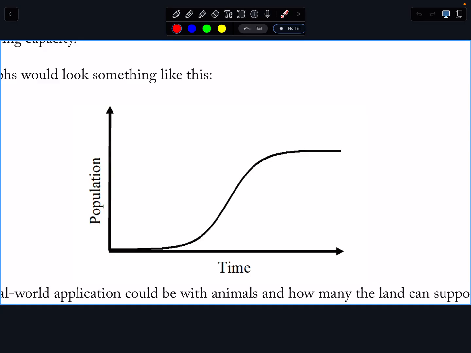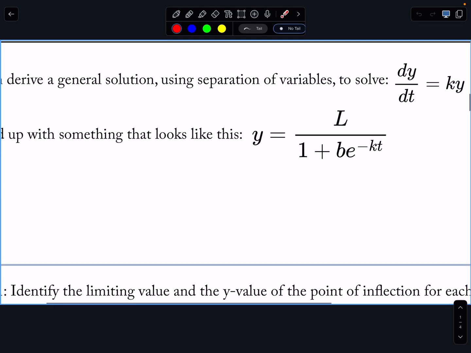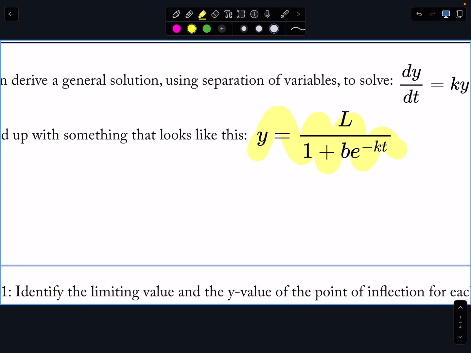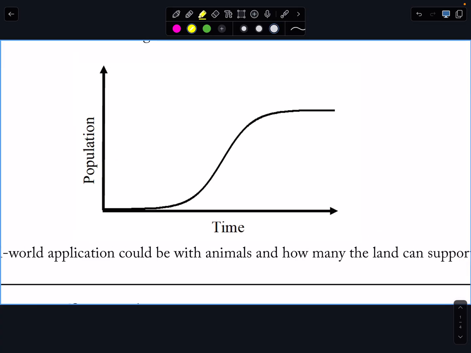The way that you can tell a logistic growth equation from any other equation is that there's multiple y's in the equation if it's a differential equation, okay? Or it looks like this equation down here. Okay, but the logistic growth comes from this particular type of graph.